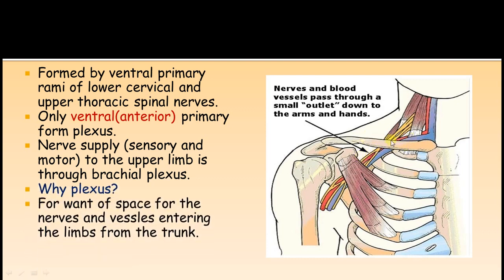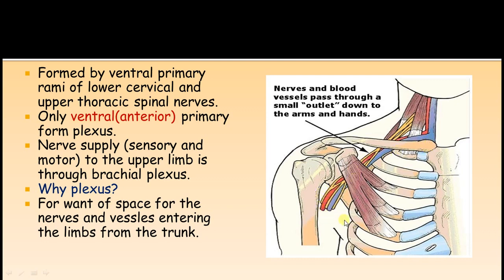Okay, now one natural question should occur in your mind: why plexus? Why not let the nerves themselves descend and supply the upper limb directly? One main reason is the want of space. Within this small space, these nerves along with the vessels, the brachial artery, the veins and some lymphatics, are all going to pass from your trunk into the limb.